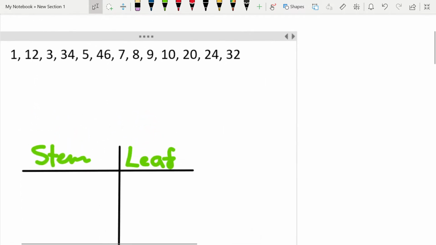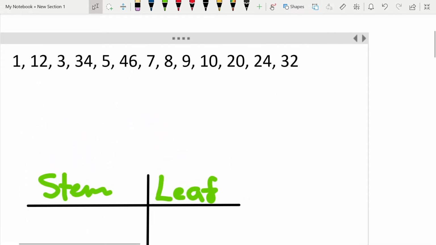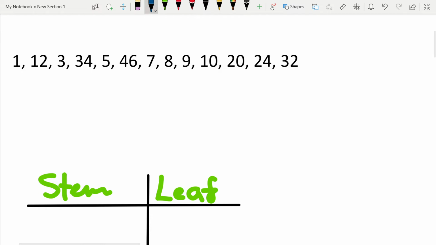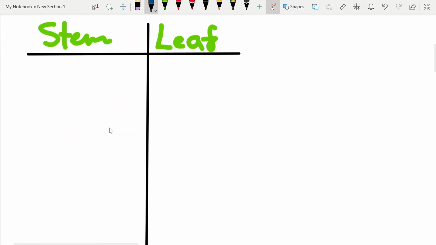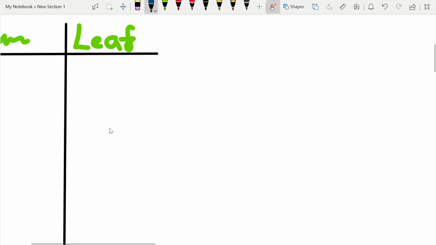So the question is, you have got these numbers to make a stem and leaf plot out of. First, let's see what a stem and leaf plot is. It basically looks a bit like that, where the stem is like the stem of a leaf.